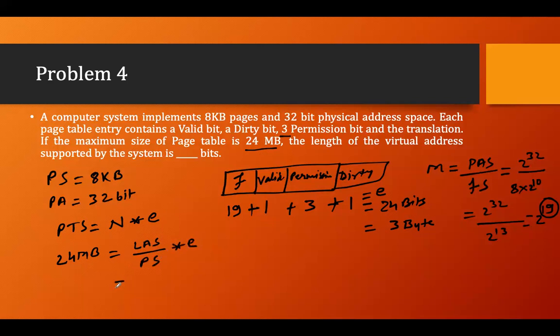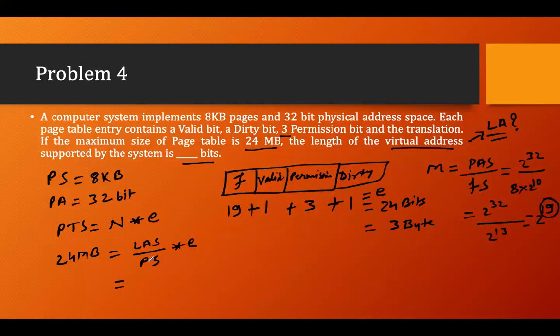Now let's calculate the logical address space. Could we get the logical address here? What is the question? The question is the length of the virtual address supported by the system is how many bits. So what is the answer it is looking for? It is looking for the virtual address, which is nothing but your logical address, in bits. If we get the logical address space, we can find out the logical bits, right?